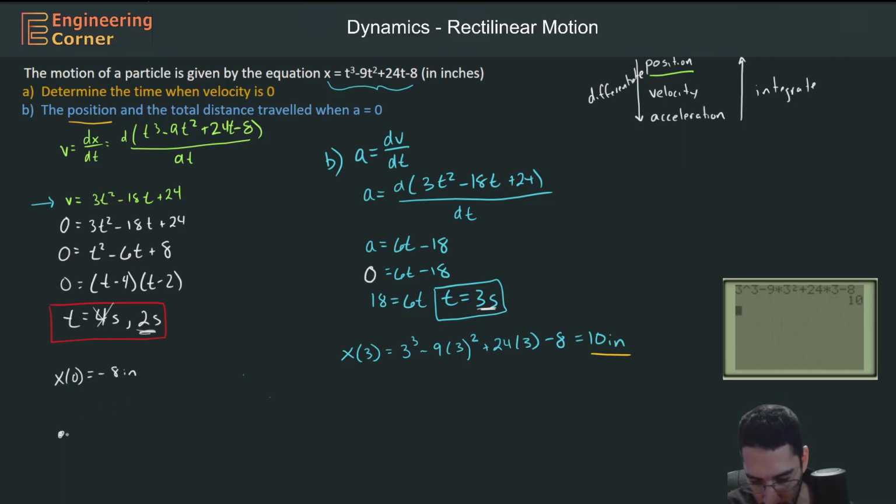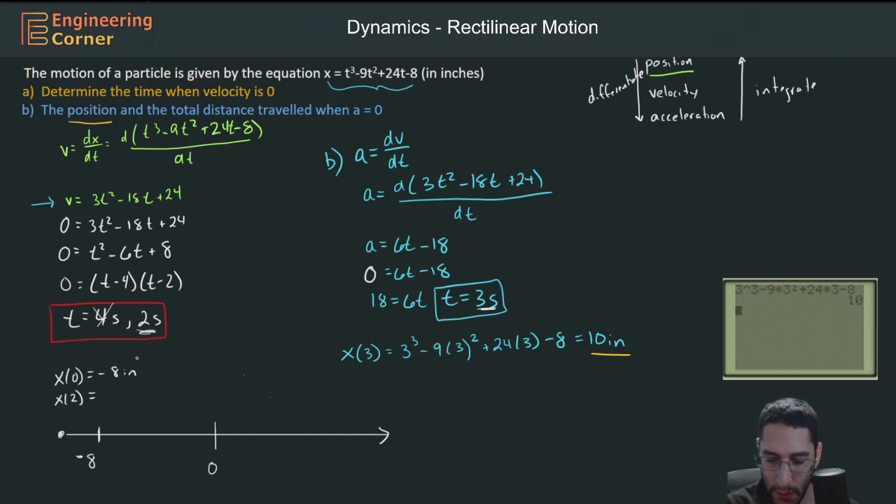So let's draw a number line. Let's do this a little visually. This will be 0, and over here we'll call it minus 8. This is x at 0. We need to figure out what x at 2 is. We put time is equal to 2 into this equation.